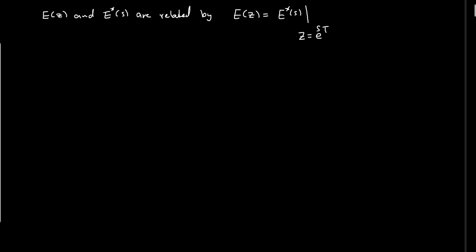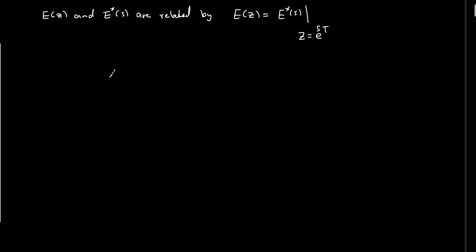So now we said that E of z and E star of s are related by E of z will equal E star of s such that z is equal to exponential of st. So now we can make, let's say, a relation between the s-plane and the z-plane.